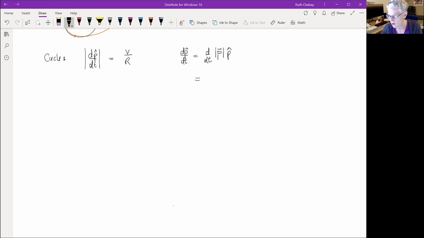By using the product rule, this product has two pieces. So we apply the product rule. And we get the first piece is the rate of change of the magnitude of momentum times p hat, plus the magnitude of the momentum times the rate of change of p hat.